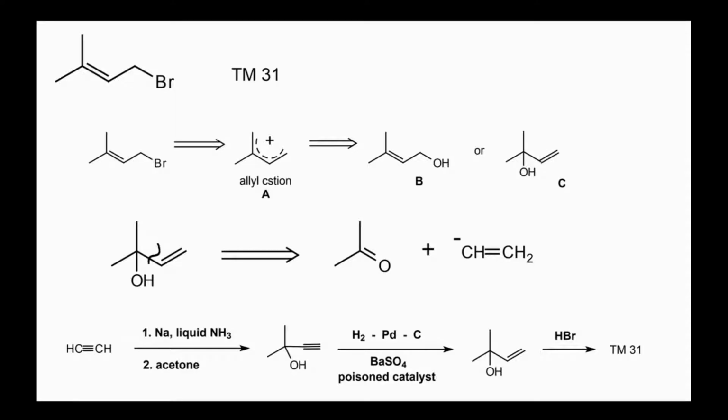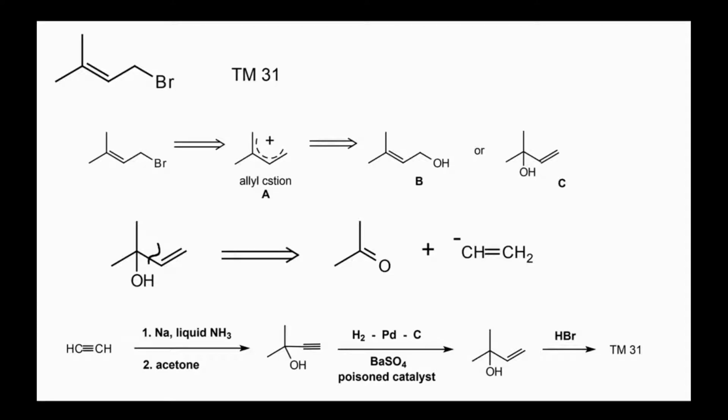Either you will get B or C. So if you get C, now you have a tertiary alcohol. You disconnect it from this position and one side becomes ketone and the other side becomes alkene, having a negative charge. So alkenes are not that acidic, as you know.